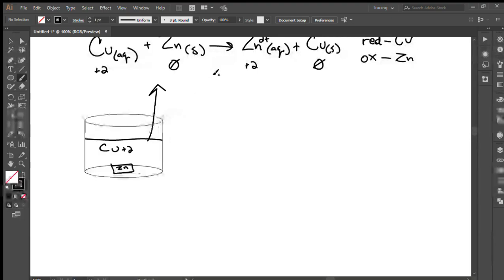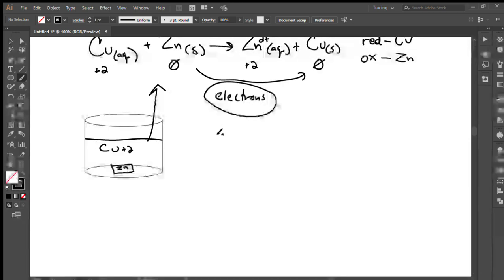Now what really happens here is electrons are transferred from the zinc to the copper. So if we can capture this transfer, we can make ourselves a battery.